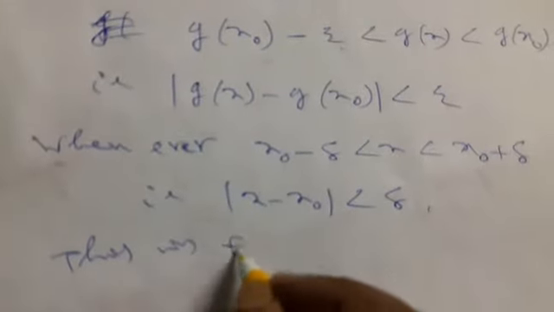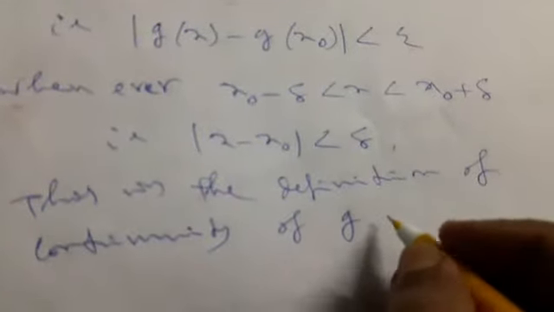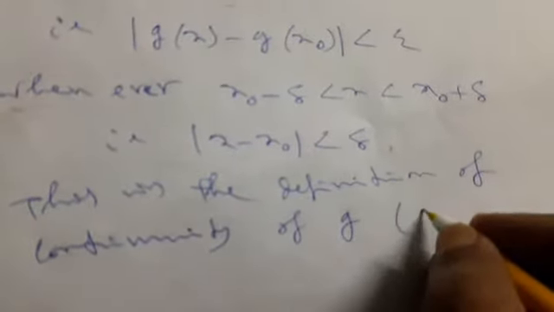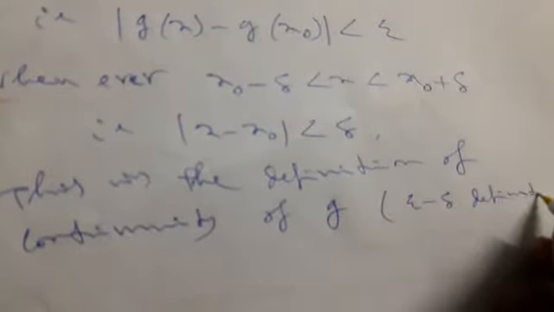This is the definition of continuity of g, the epsilon-delta definition, with the epsilon neighborhood and the delta neighborhood.